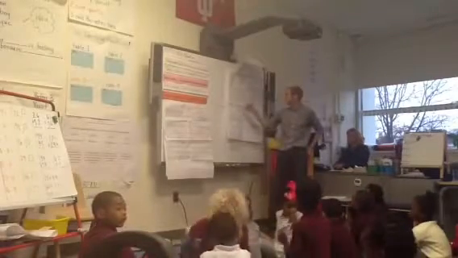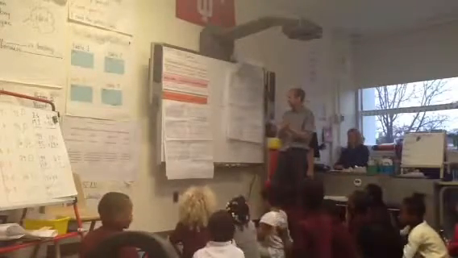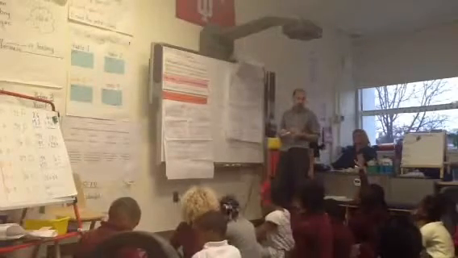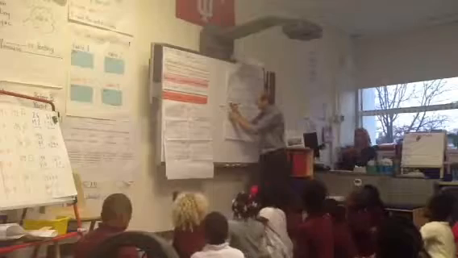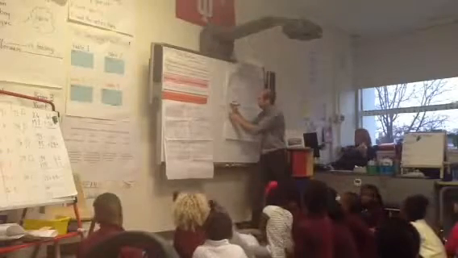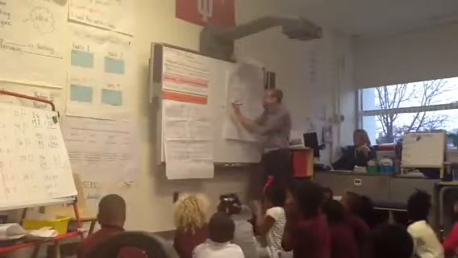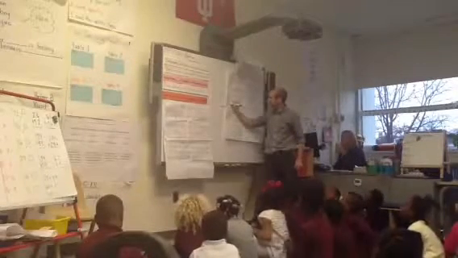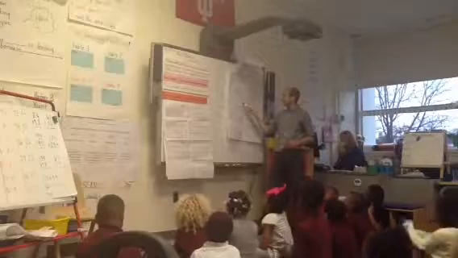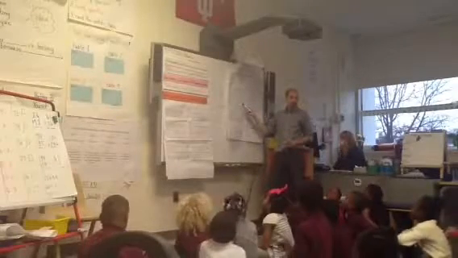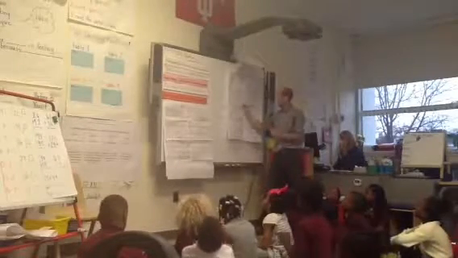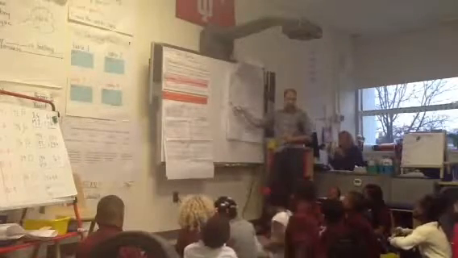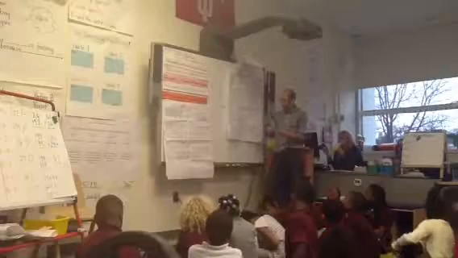Okay, I'm going to model for you again. So 19 minus 12. I'm going to draw out 19. You're going to count along with me as I draw it. 10, 11, 12, 13, 14, 15, 16, 17, 18, 19. So I know there's 1 ten in 12, and there's 2 ones in 12. So I'm going to cross out, there's only 1 ten here, so I'm going to cross that out.